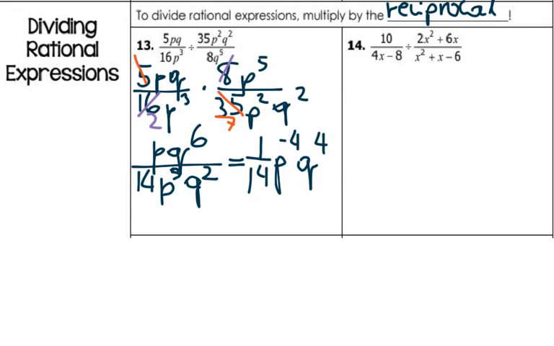So this term with the negative exponent has to be turned into positive, which means I'm going to have Q to the power of 4 over 14 P to the power of 4.